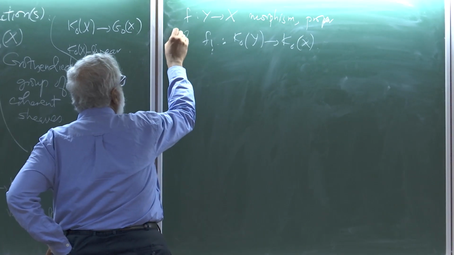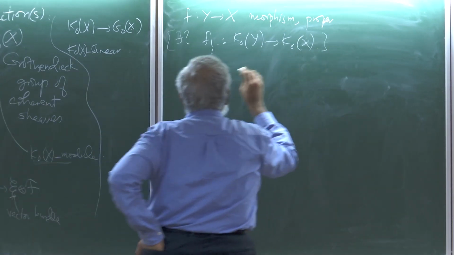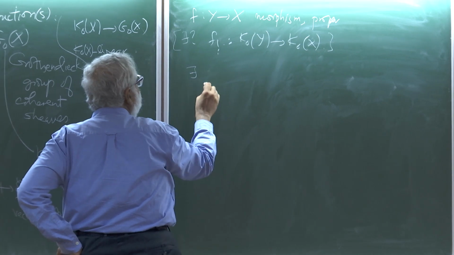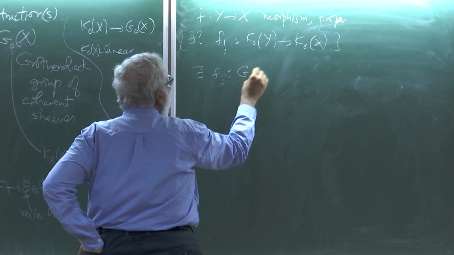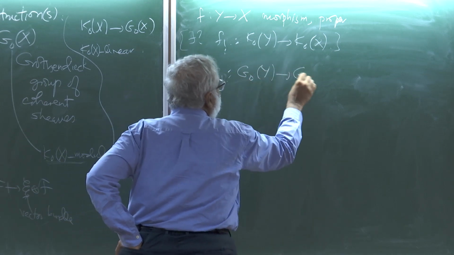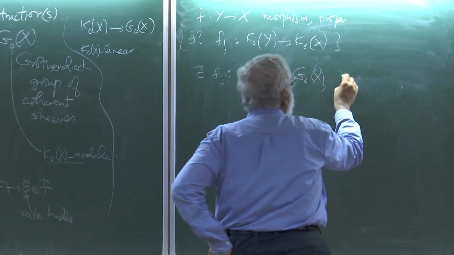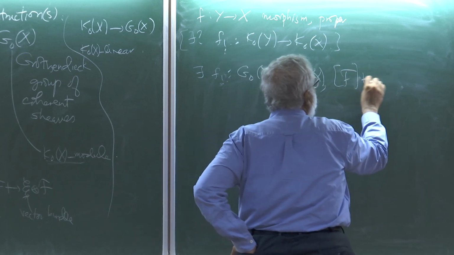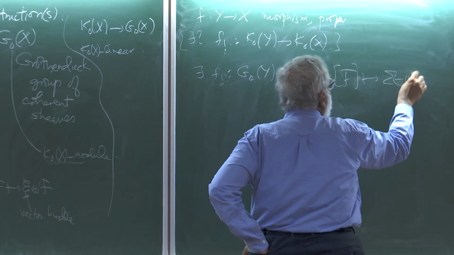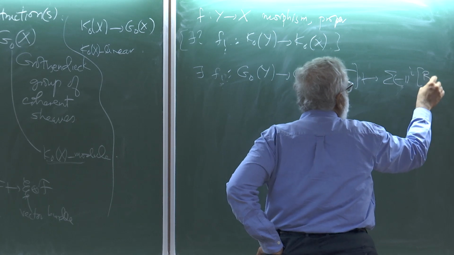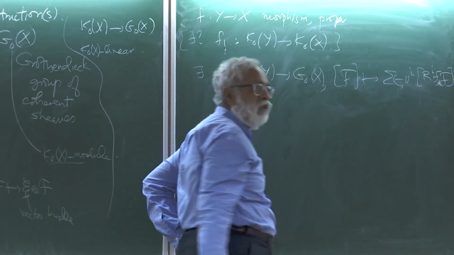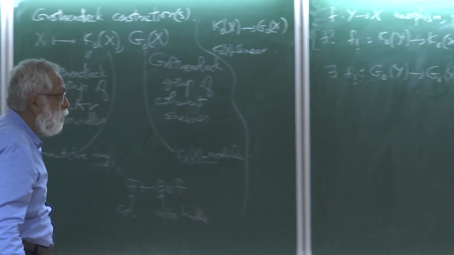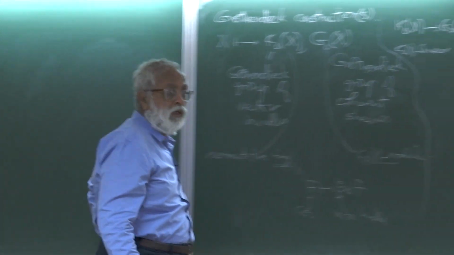This we're not sure. But what we could construct is there does exist f lower star from G0(Y) to G0(X), given by sending the class of F to the class of its total higher derived image, so to speak. A kind of Euler characteristic along the fibers. And this was well defined. This we could always do.